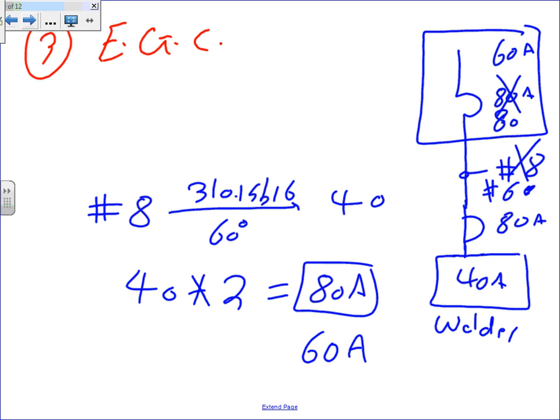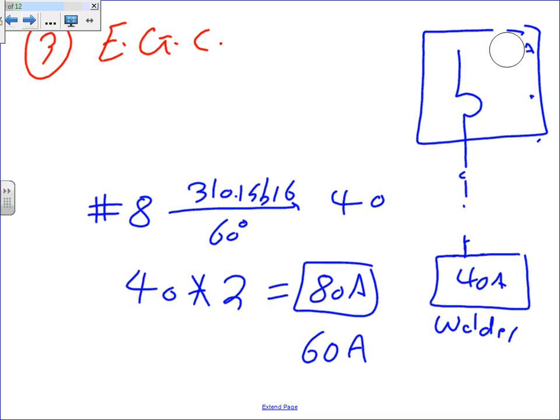So long story short, in my example, this is my 80 amps. I have an 80 amps, no problem, good to go, because it's twice as much as what the conductor is rated for, not more than twice.